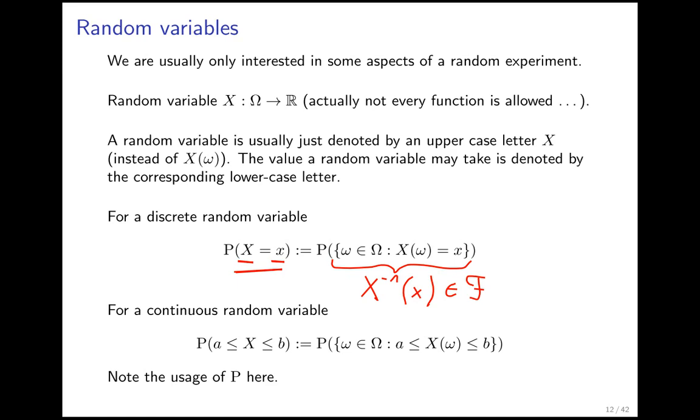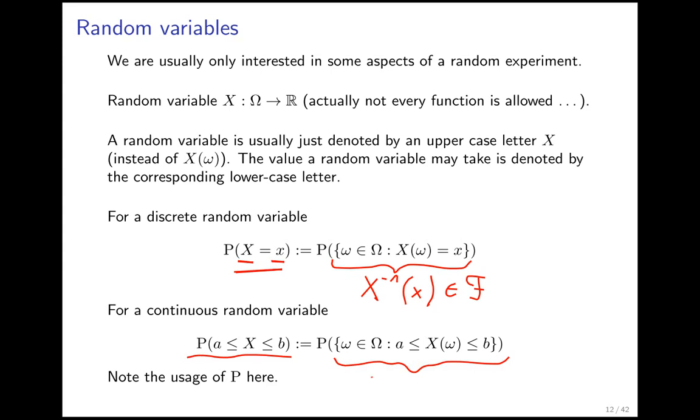And the same also works for continuous random variables. Again, we'll define this in a couple of minutes. For continuous random variables, it only makes sense to talk about intervals and bigger sets, not about single values. And the probability that the random variable X maps the outcome, the actual outcome, into the interval a, b, which is this shorthand notation here, is actually, as I said, a shorthand notation again for an event.